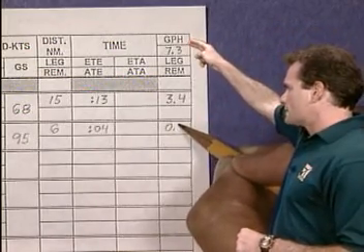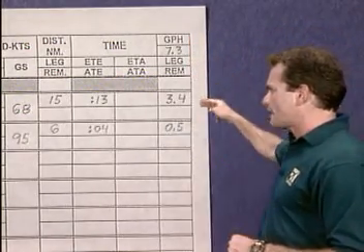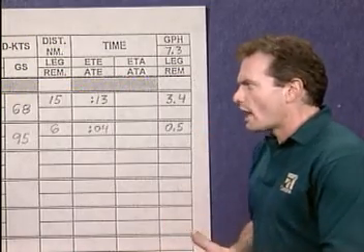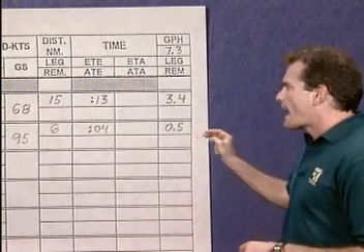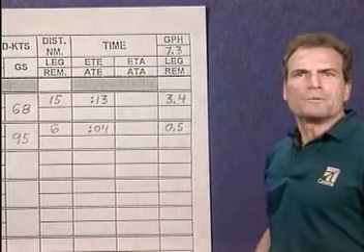And here's our fuel consumption right there, GPH for that leg, which is the top. So we put 0.5 right there, and below that, fuel remaining, or how much fuel you're supposed to have left in your tanks after you fly this leg. And we will figure that out when we've completed the pre-flight planning.